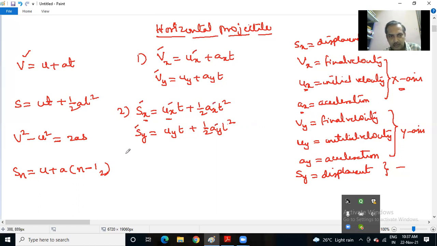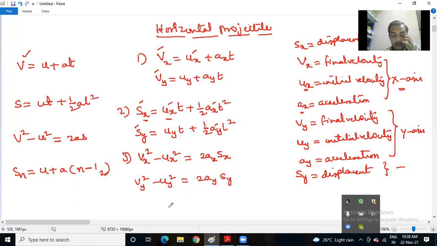Now, the third equation. First along the x direction, Vx² - Ux² = 2Ax Sx. Now Vy² - Uy² = 2Ay Sy.